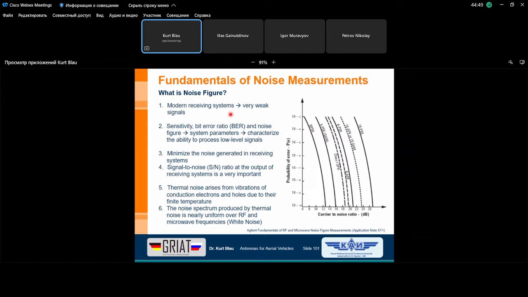We have on one side the transmitter, and on the other side we have our receiver together with the antenna. On the transmitter side we also have an antenna, it's clear, but the noise behavior on the receiver side is in this case much more important than on the transmit side.